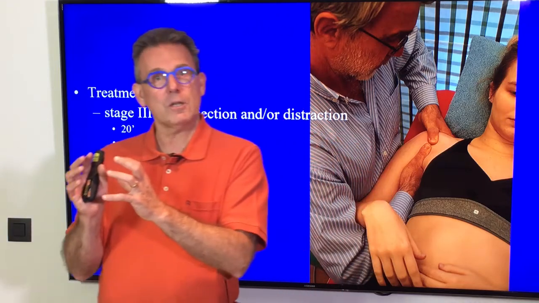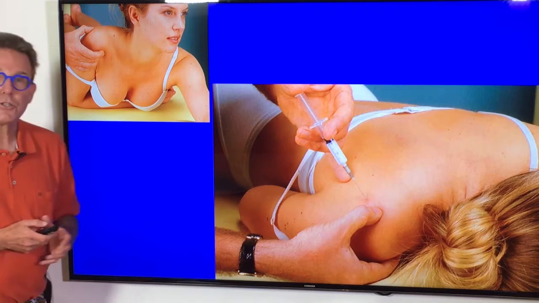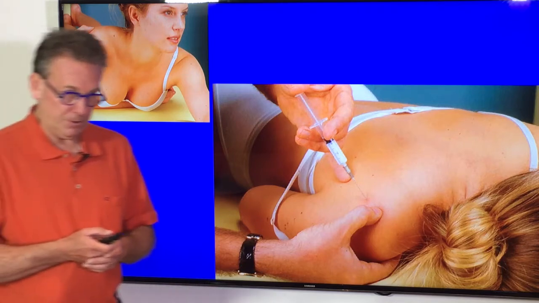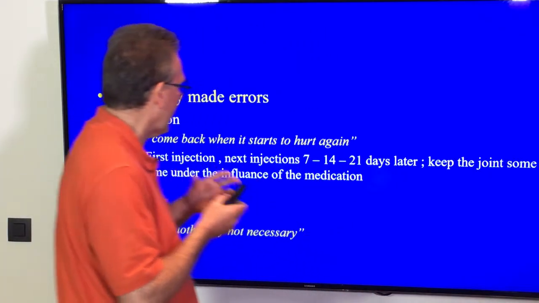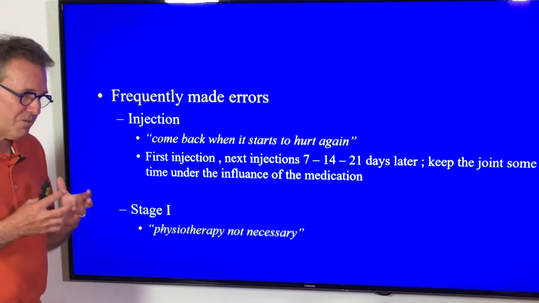What is the doctor alternative? It is going to be an intra-articular injection in the joint with corticosteroid. Not one injection, but preferably a series of injections. And this is exactly one of the mistakes we very often see.